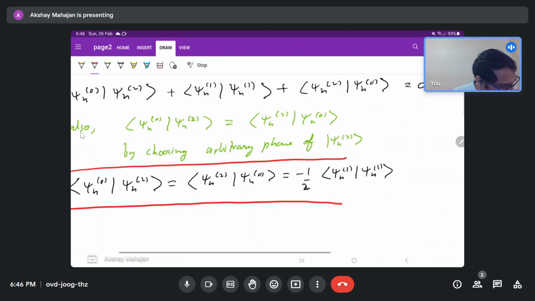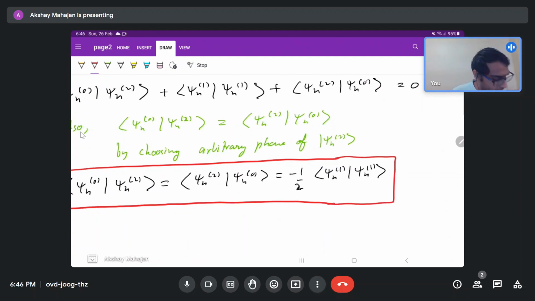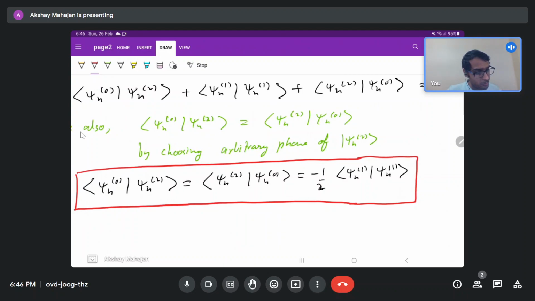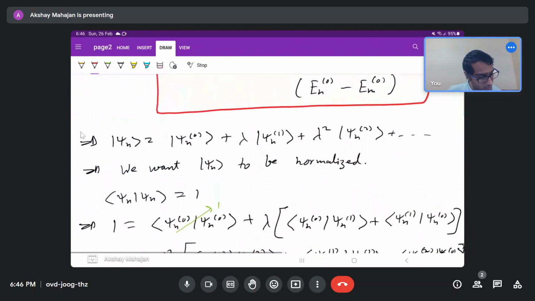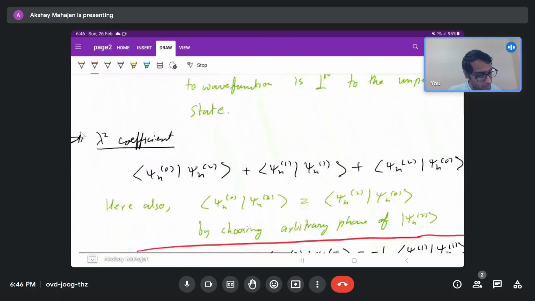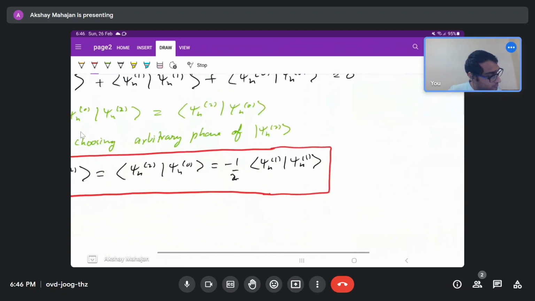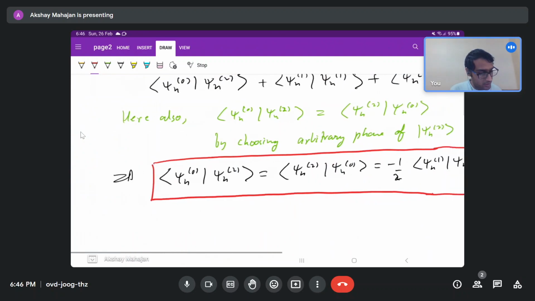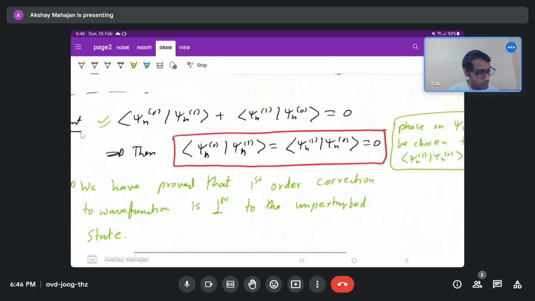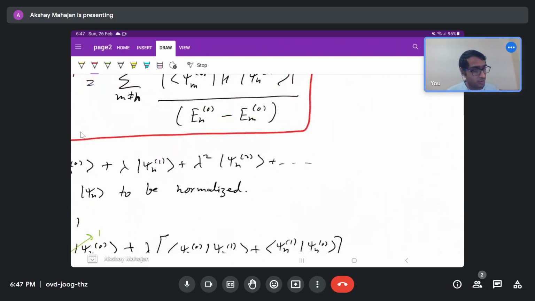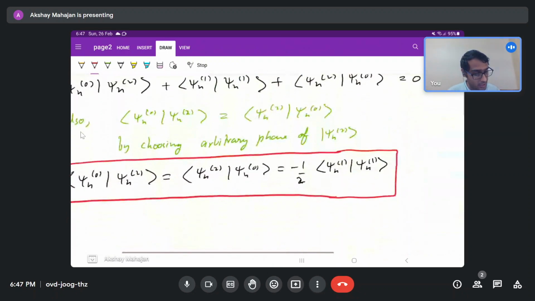So this is another relation that we can find. Basically, using this normalization technique, we can find different relations between these wave functions. Mainly, we have proved using the normalization of the wave function that the first order correction is perpendicular, and we also see that from the formula we derived.